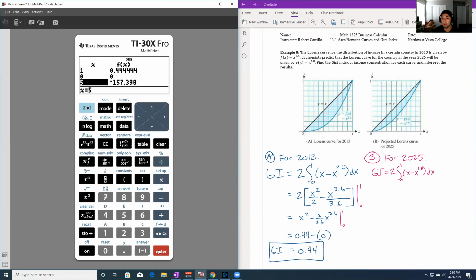Okay. Well, we're ready for the antiderivative, which means that we'll get 2 times, and this is just like the other one, antiderivative of x, x squared over 2, minus power rule, x to the 2.8 over 2.8, and evaluate this from 0 to 1.